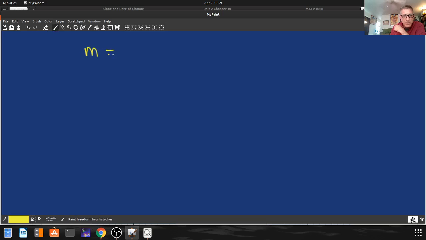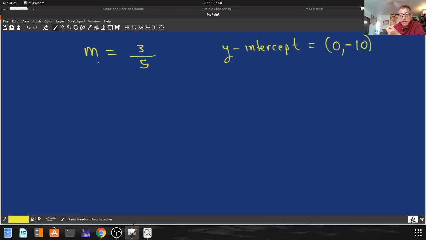Our slope is going to be 3/5, and our y-intercept is going to be equal to 0, minus 10. So what I want to do is find another point on the line. And actually with this method you can find an infinite number of points on the line. You can with the other method too.